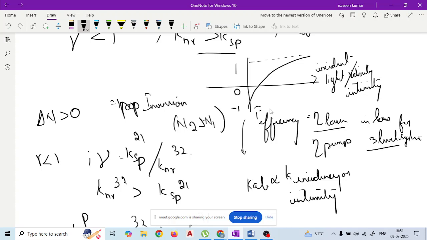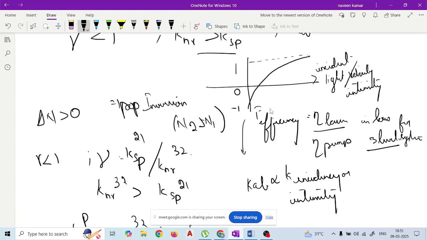You will never be able to take every single molecule down to level 2. Some loss will also be there, and you won't be able to take every molecule from one state to another. There will be a loss percentage, and the energization won't reach 1, but it will just approach it.